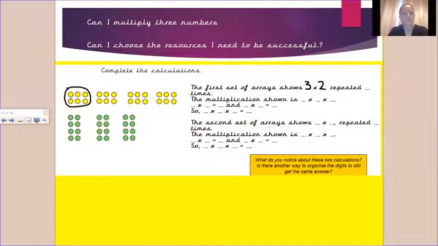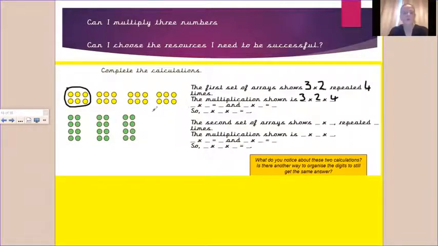And it is repeated 1, 2, 3, 4 times. So the multiplication shown is 3 times by 2 times by 4.